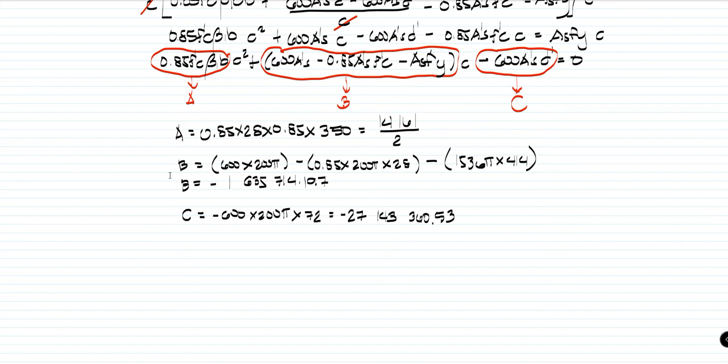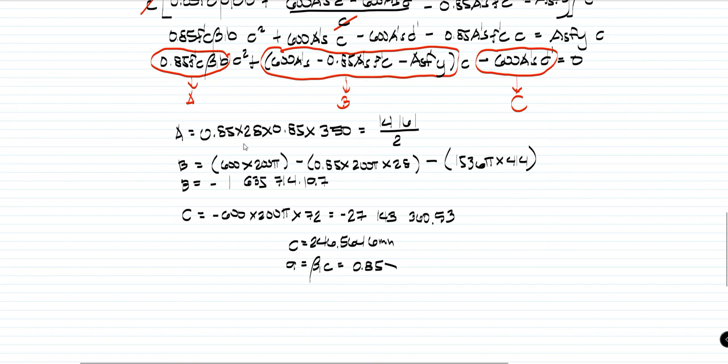Solving this using the quadratic formula and the function of our calculator, we could produce the value of the small letter C, which is equivalent to 246.5646 mm. Then our A will be equivalent to beta 1 C, so that is 0.85 times 246.5646, which is just 209.5799. These are now our C and A.